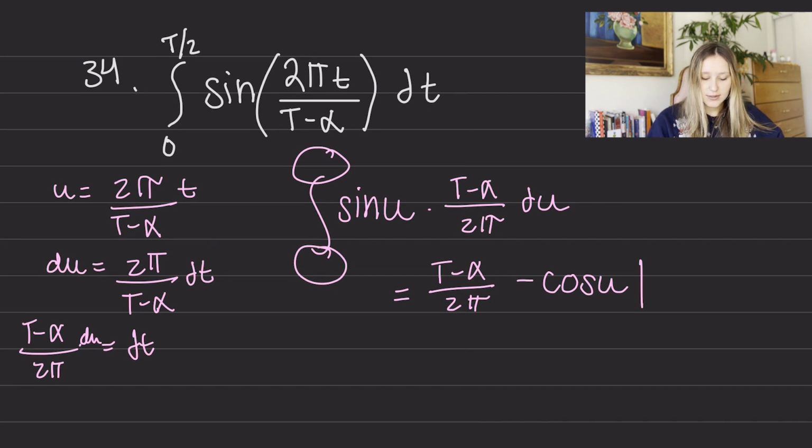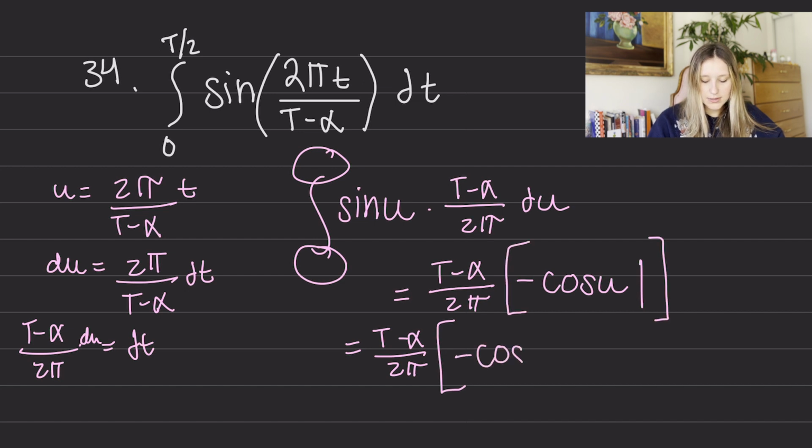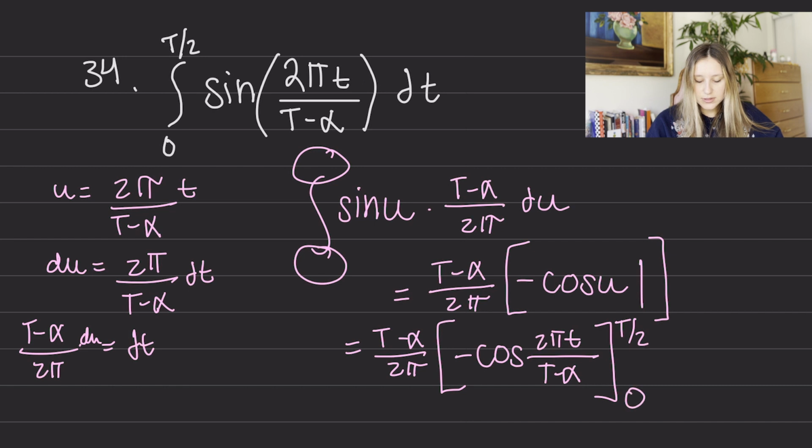So we get t minus alpha over 2 pi, and then we get minus cosine of 2 pi t over t minus alpha, and that's going to be evaluated at T over 2 and 0.